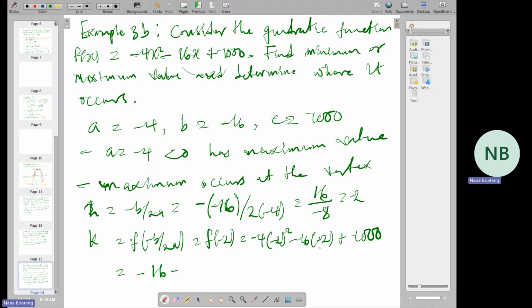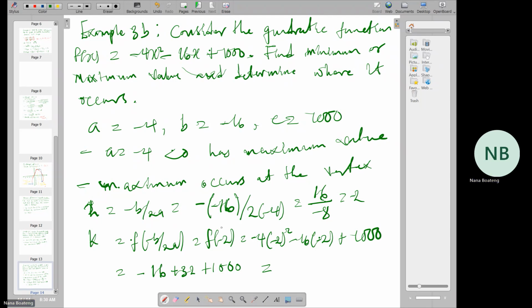Minus 16 times negative 2 is positive 32. Plus 1000. Let me see if I made any mistake here.